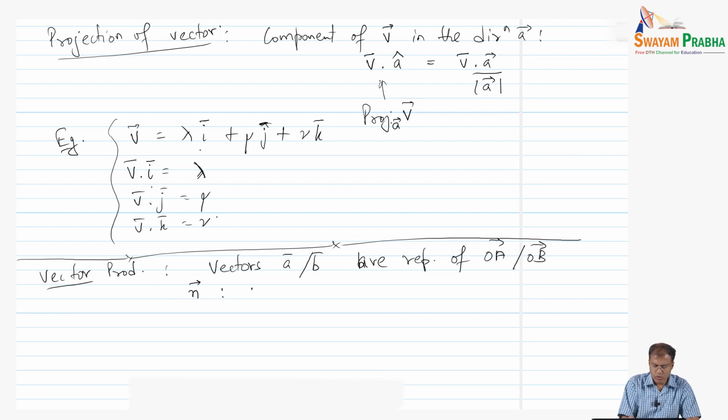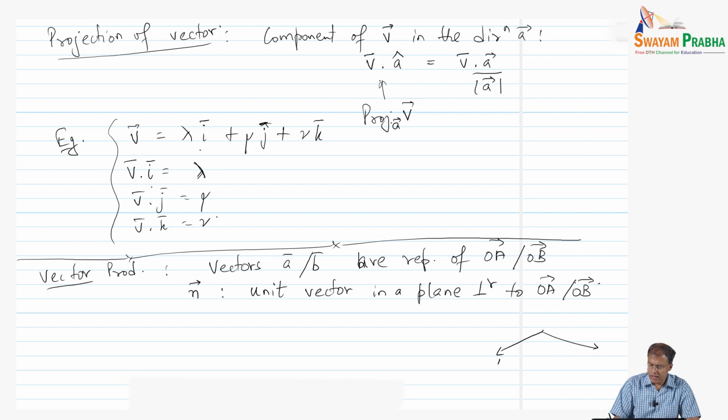Let n be the unit vector which is perpendicular to the plane of OA and OB. So we have two vectors A and B, and we have the unit vector n. This is OA and OB, and this is the unit vector n.